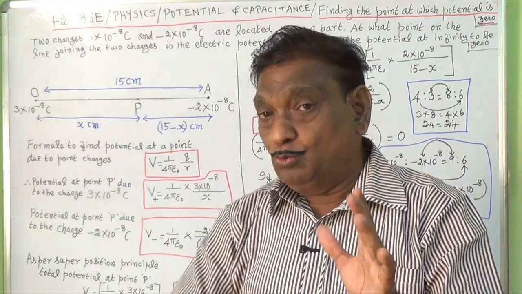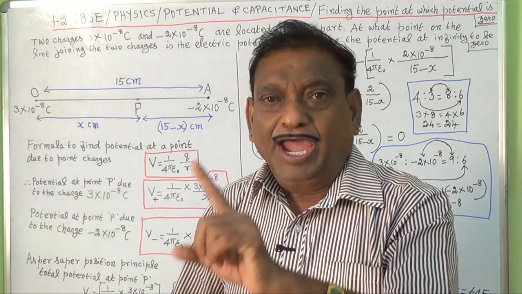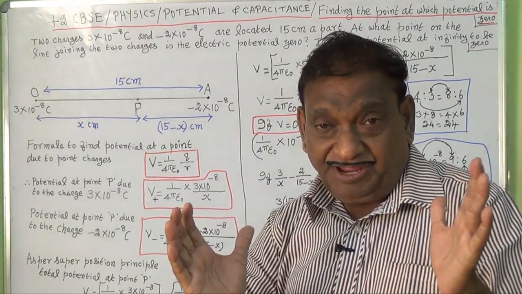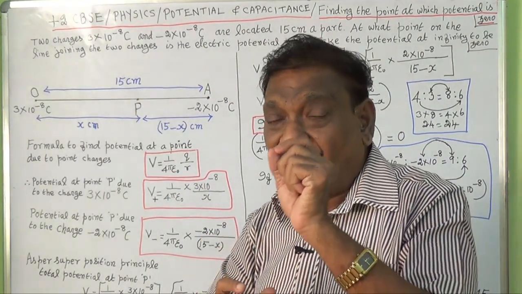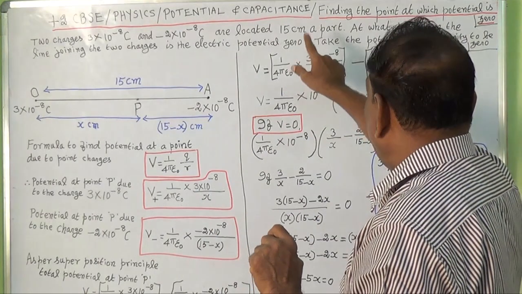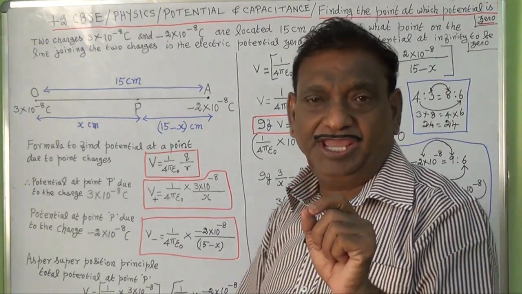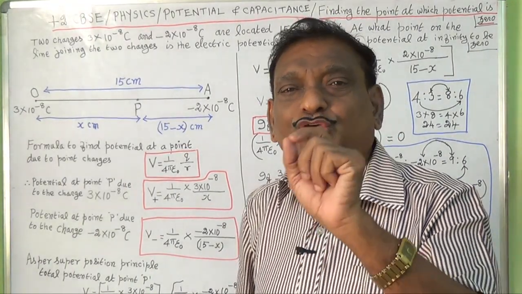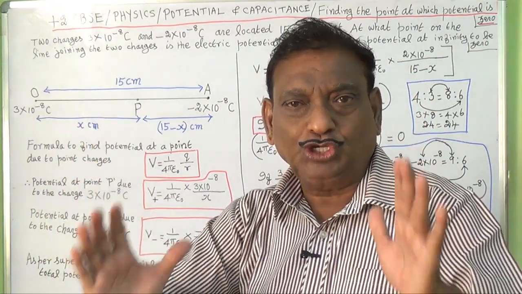So one positive charge and one negative charge have been supplied, and the distance between the given two charges is supplied as 15 centimeter. We are going to find at what point the potential will be zero on the line joining these given two charges.